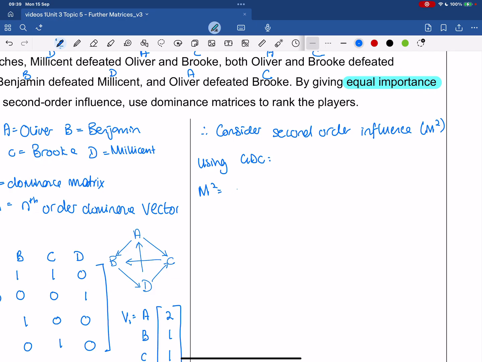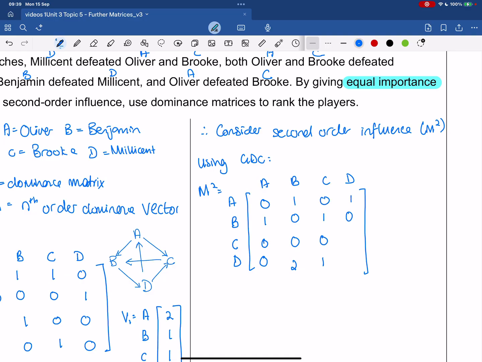And again, it's going to be using the same A, B, C, and D and A, B, C, and D. And that one looks like this. And from that, I'm going to get my second dominance vector by summing my rows.